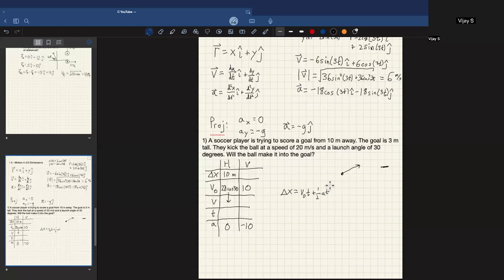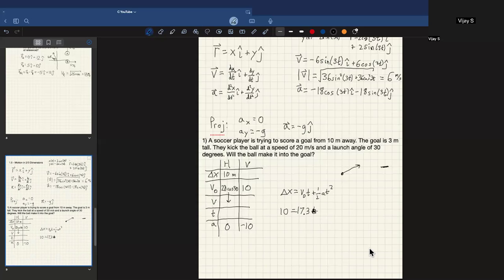So therefore, what you get is that 20 cosine of 30, which if my memory is not failing me, would be about 17.3-ish, right? Not for our displacement, sorry, for our velocity. 10 for our displacement, about 17.3 for our initial horizontal velocity. So 10 is equal to 17.3 times t then.